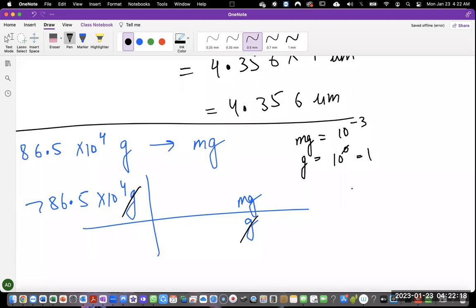Okay, so now let's talk about our golden rule. The golden rule says, what does it say, guys? The golden rule says to put 1 in front of the bigger unit. Which one is bigger? Is it grams or milligrams? Of course, the gram is bigger, right? So gram gets the 1. Rule number 2 says, if you're putting 1 in front of the bigger unit, the smaller unit will always get a positive exponent.